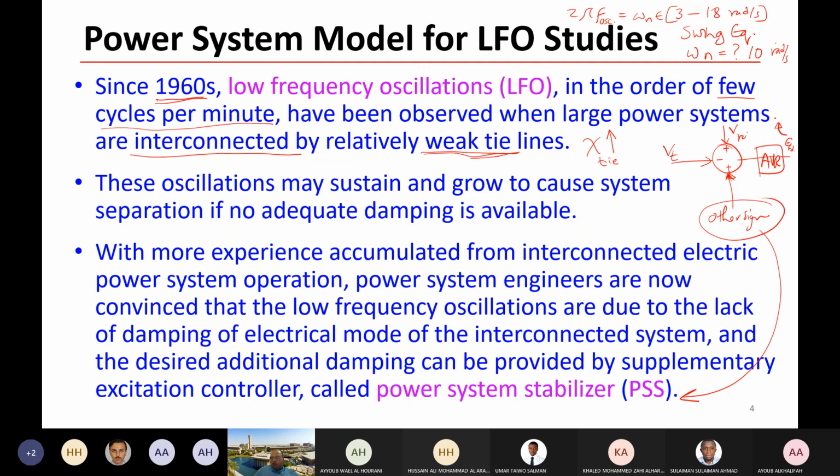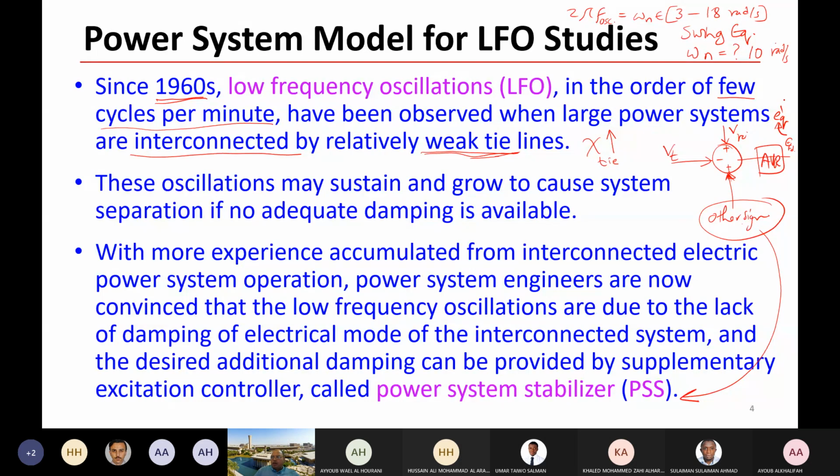EFD will affect which state in the machine? In the third order model of the machine, are people following? The internal voltage, EQ prime.